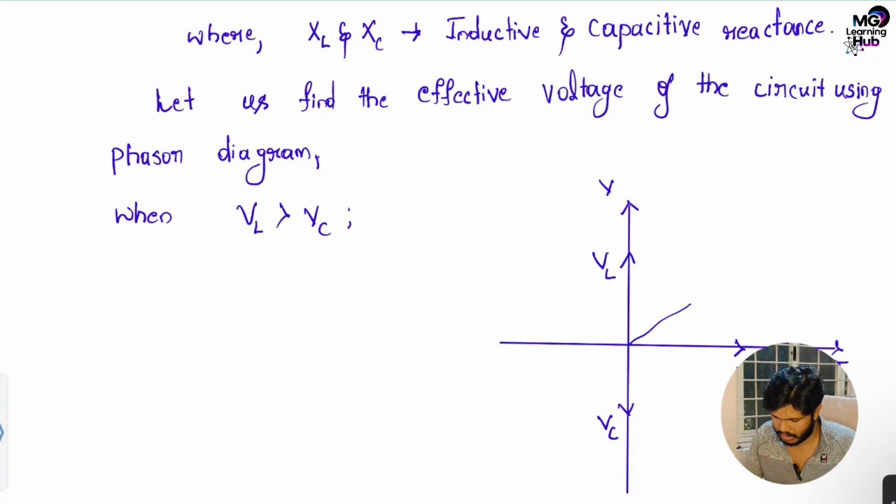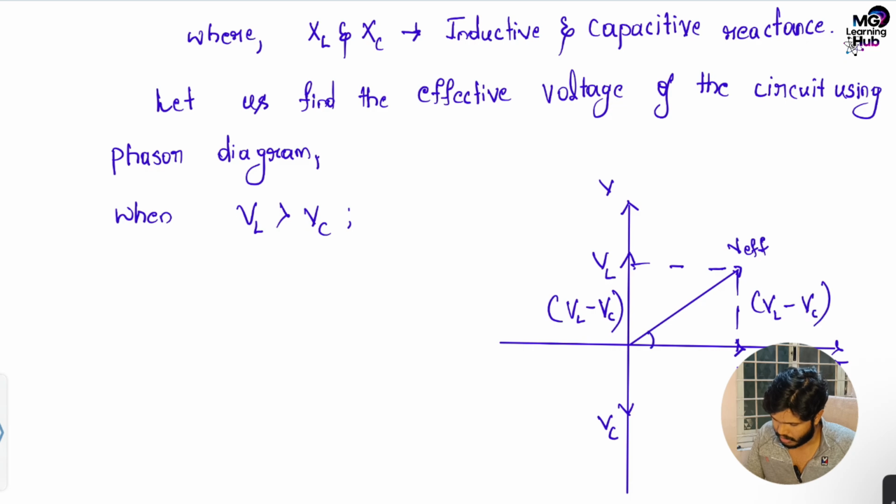Then effective voltage ಆ ಕಡೆ ಬರುತ್ತಪ್ಪ, that will be coming like this, V effective. Now this part ಇದೆಯಲ್ಲ, this part will become VL minus VC. ಇದೇನಿರುತ್ತೋ ಅದೇನೆ ಇಲ್ಲೂ ಸಹ ಸೇಮ್, and this angle will be phi.